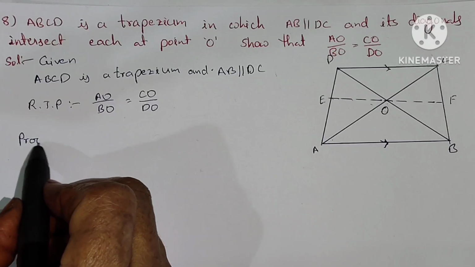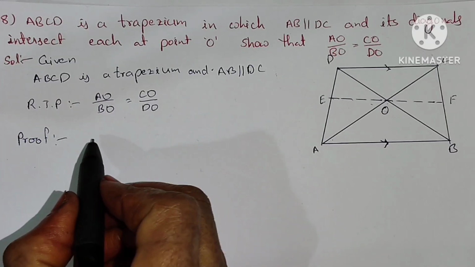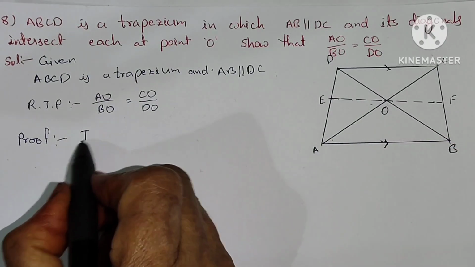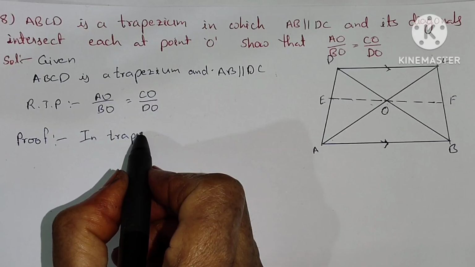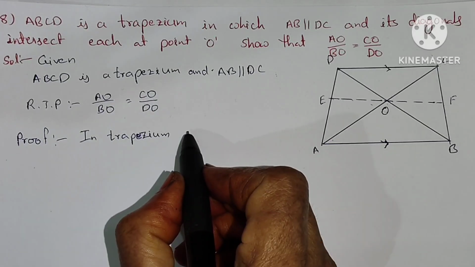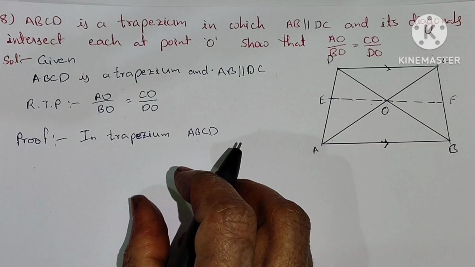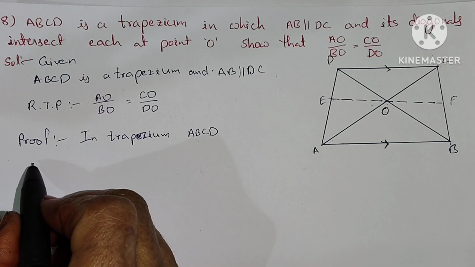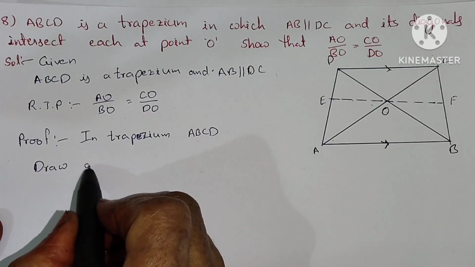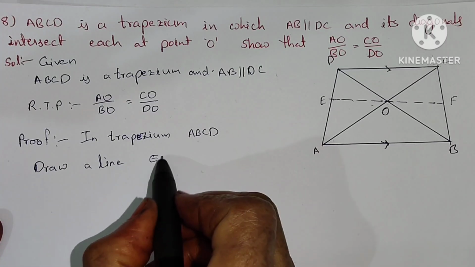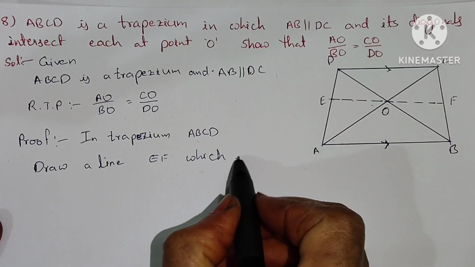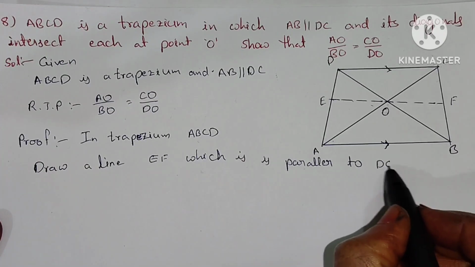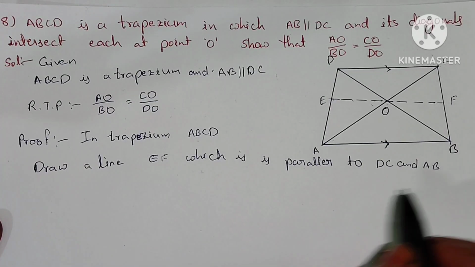Now we write the proof. In trapezium ABCD, we write the construction steps: draw a line EF which is parallel to DC and AB.